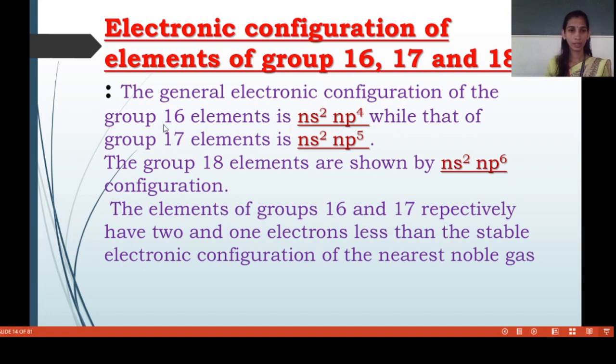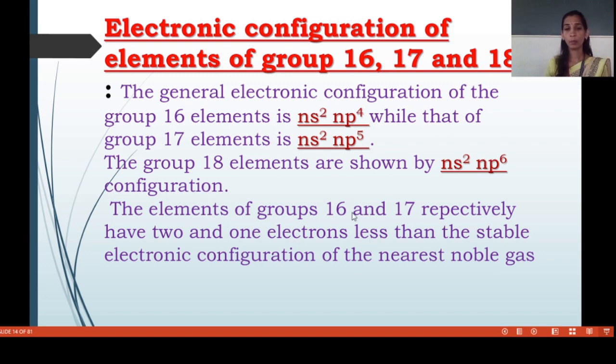See here, the general electronic configuration of group number 16 is ns2 np4, group number 17 is ns2 np5, and group number 18 is ns2 np6. Group number 16 has 4 electrons in the p subshell, group number 17 has 5 electrons, while group number 18 has 6 electrons in the p subshell.